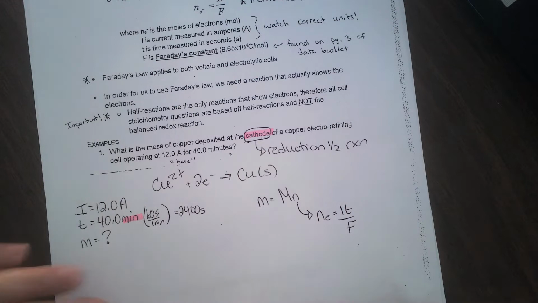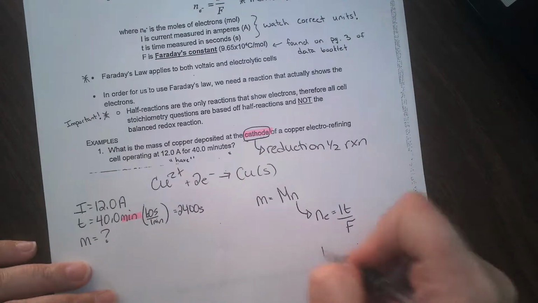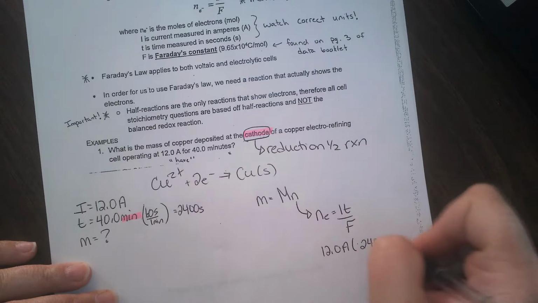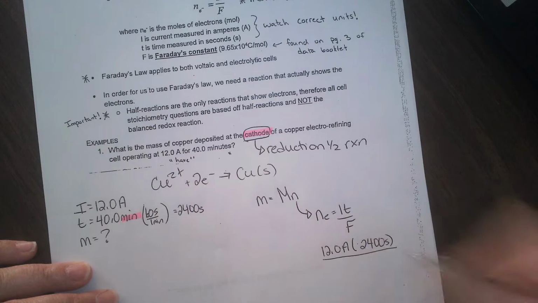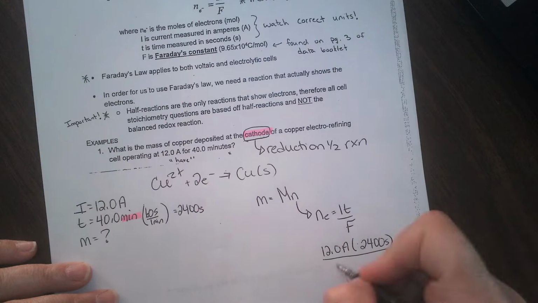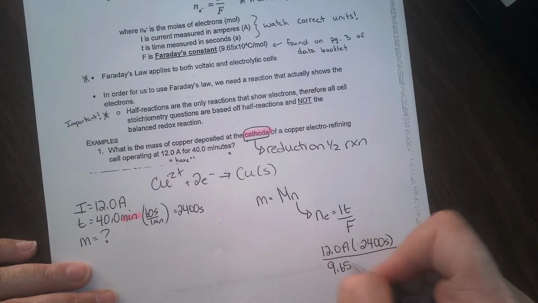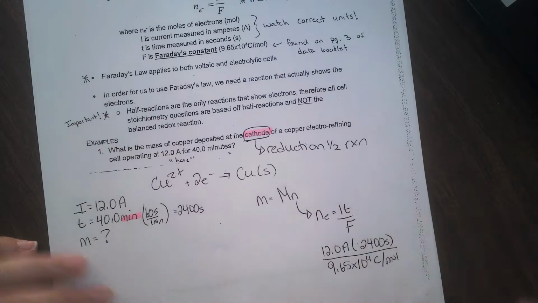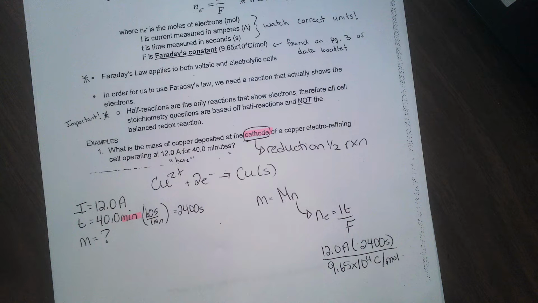It equals I times t over F, with I being 12.0 amps, time being 2400 seconds, and Faraday's constant, which you can find on page 3, being 9.65 times 10 to the 4 coulombs per mole. Coulombs is what? Do you remember from physics? Coulombs measures what?